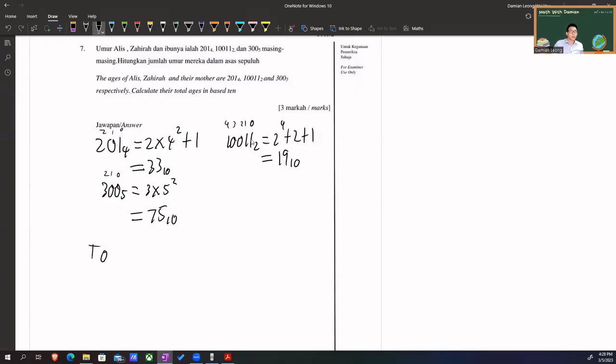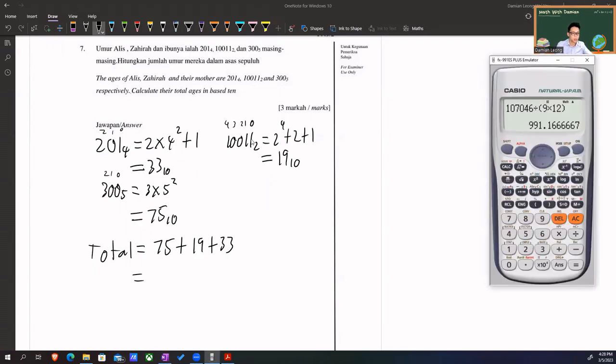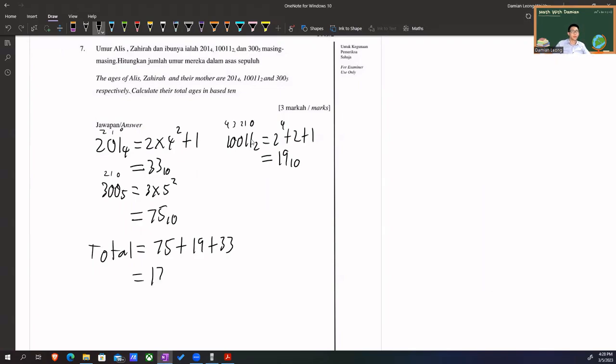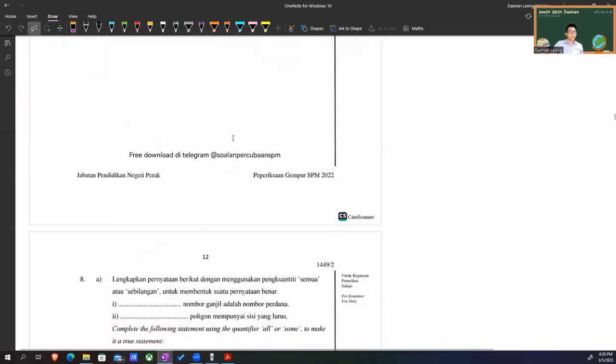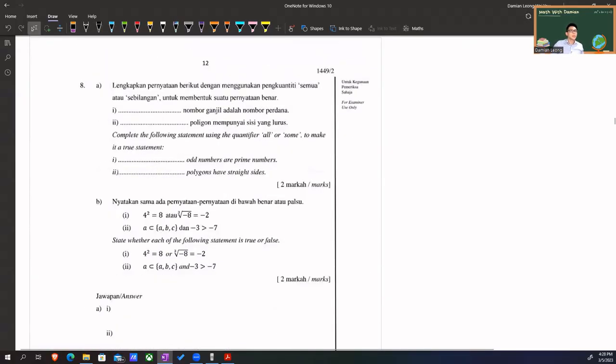So it means for the total, I just add all of it together. 75 plus 19 plus 33. 127. 127 years old. Yeah. And question 8.